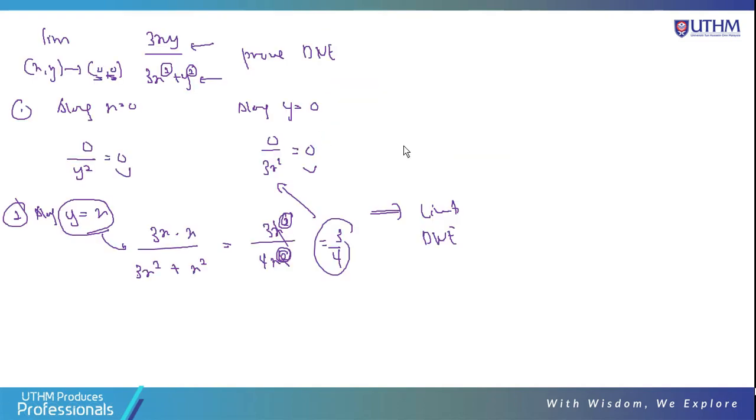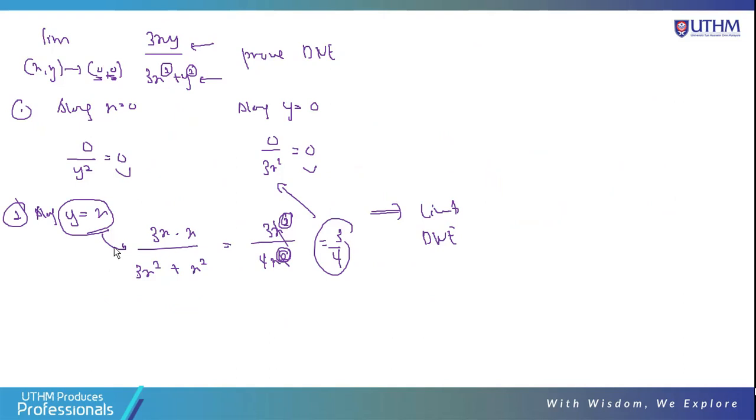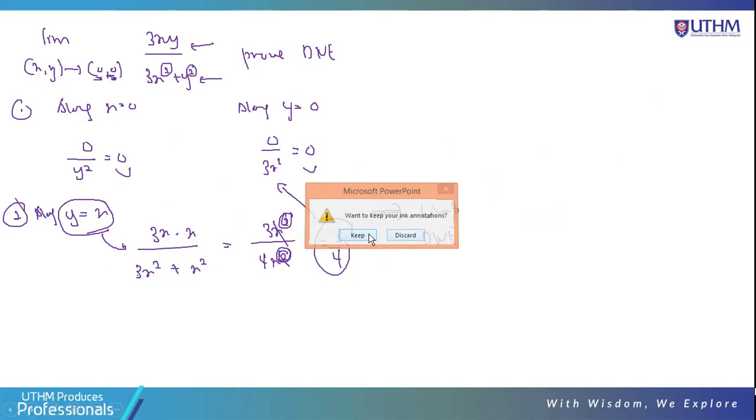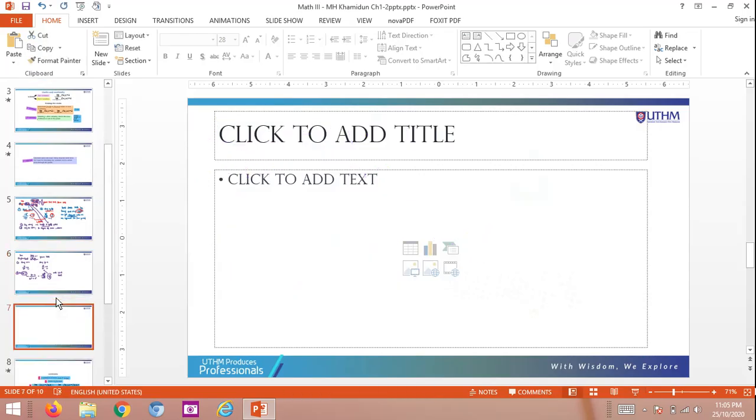Let's say the given is a limit with 3 variables. You can use a method similar to the previous one, or you can change the function into a parametric equation.